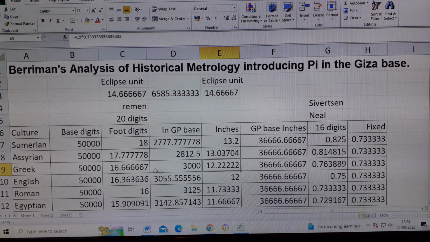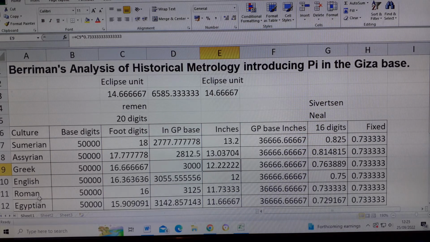Now, I'm not going to talk about the English foot, although it fits. We're going to go down to the Roman, because what we realize in this column here is that we're gradually moving towards pi. When the English foot is used at Giza, there are 3055.555 recurring units in the Giza base. When we use the Roman foot, we're moving to Babylonian pi 3125.